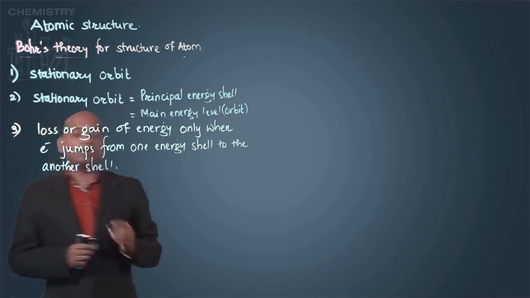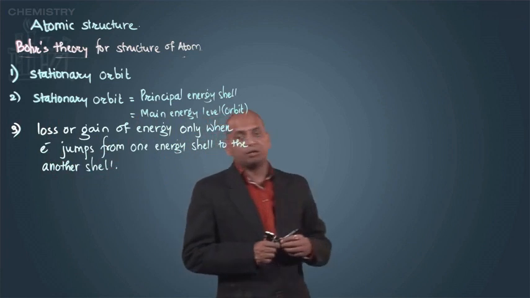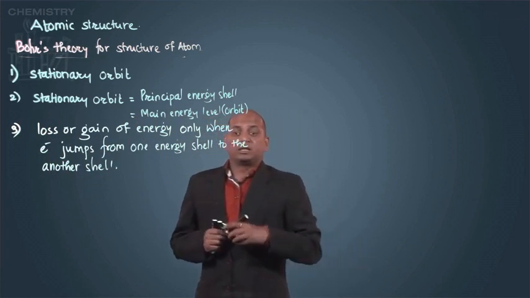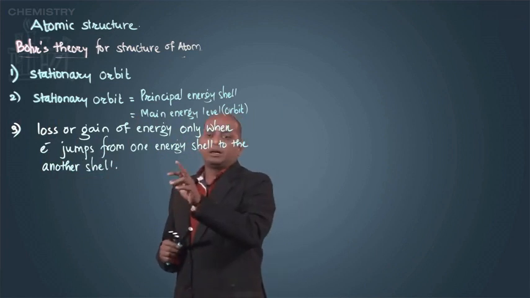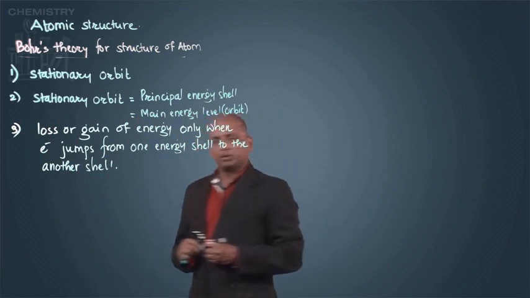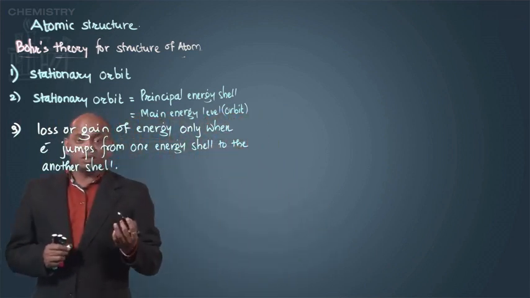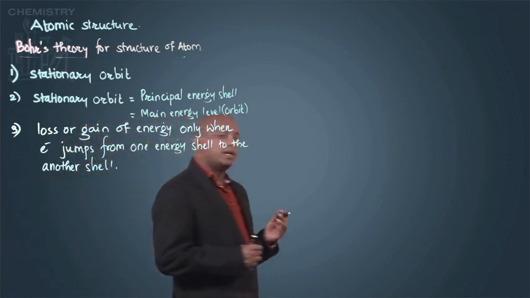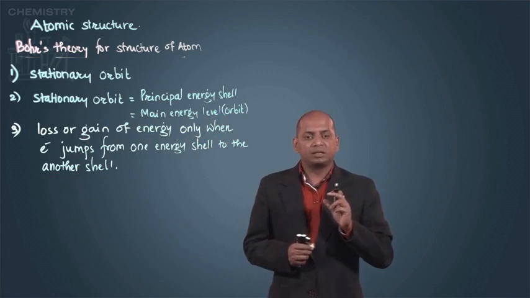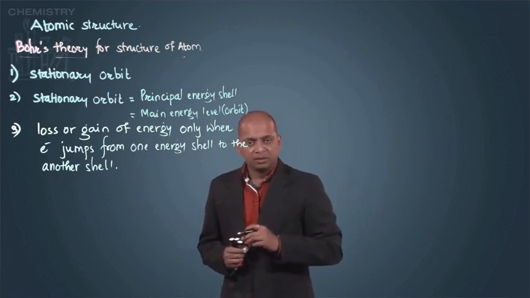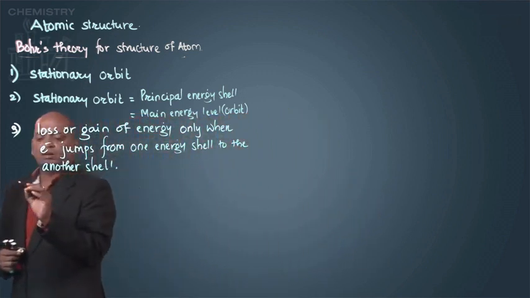And this is a very important concept, because the concept of absorption and emission spectra lies in this postulate. That energy is equal to the energy difference between the two energy shells, two energy levels. So that will be our fourth point.